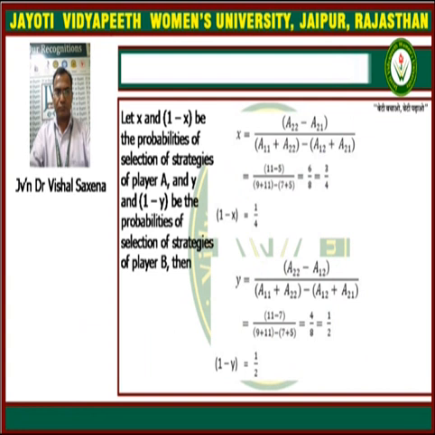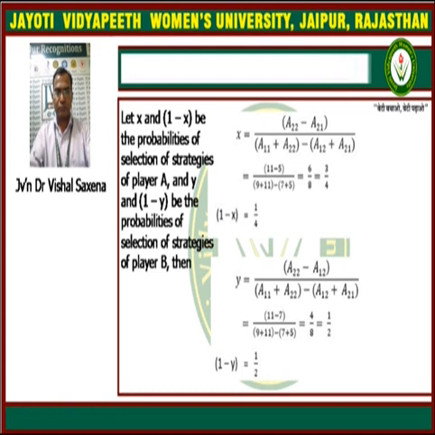And now we have to apply the formula to find this value x. x means the probability for the first strategy for player A, and the formula is given by (A22 minus A21) upon (A11 plus A22 minus A12 plus A21).